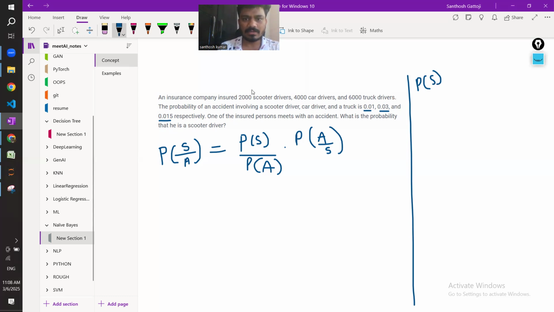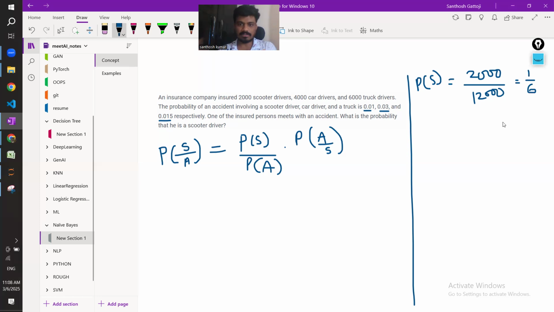There are three different types of drivers. Overall, how many drivers are there? 2,000 plus 4,000 plus 6,000 is 12,000. Only scooter is 2,000. So 2,000 by 12,000 is 1 by 6. 1 by 6 is the probability that he is a scooter driver.